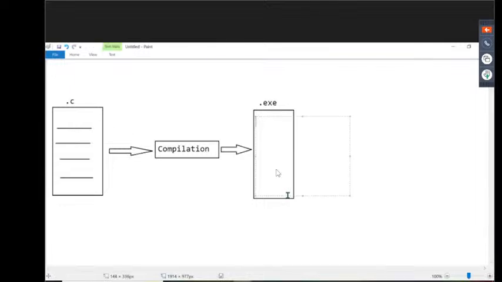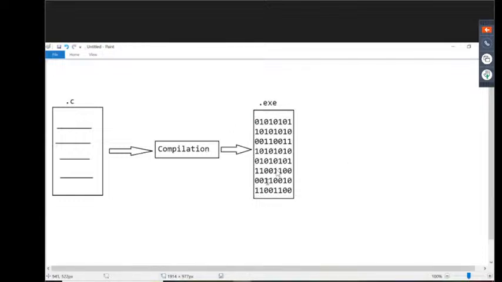A .exe file is purely zeros and ones, low level code. This is the .exe file we are getting.